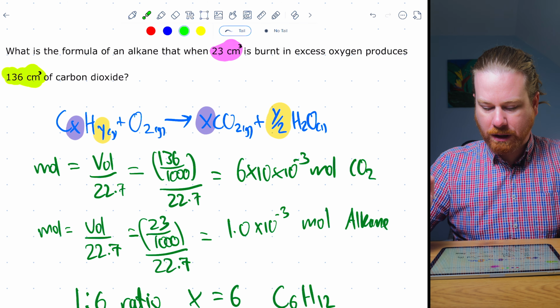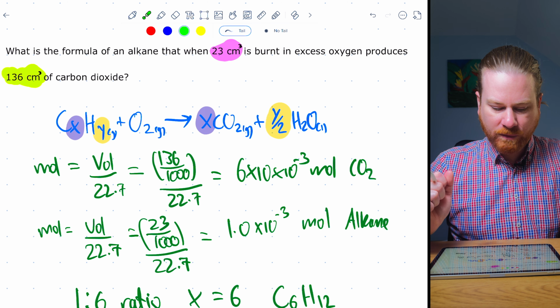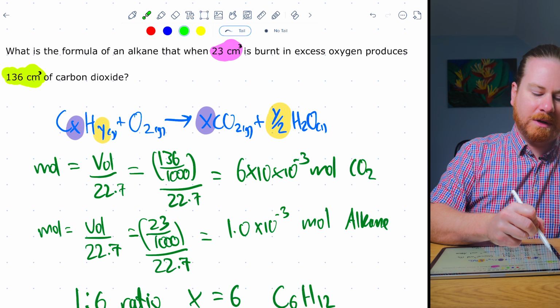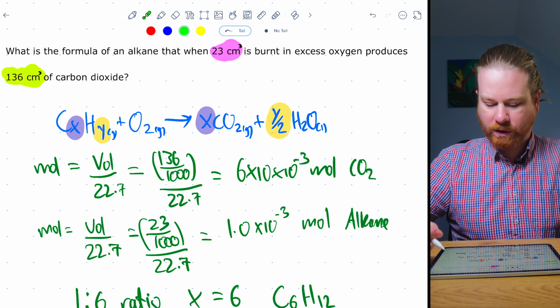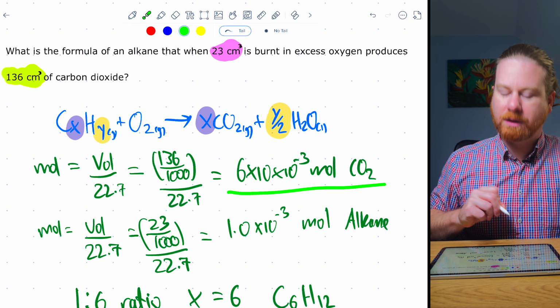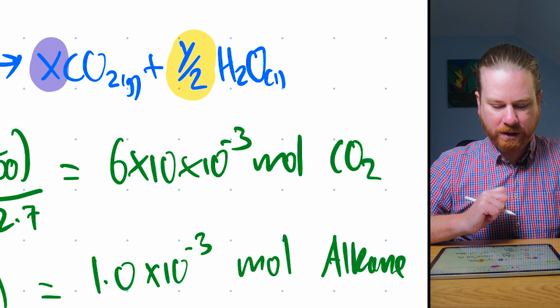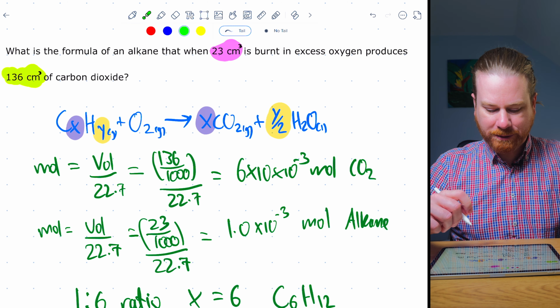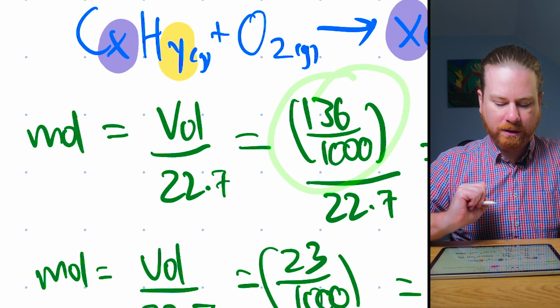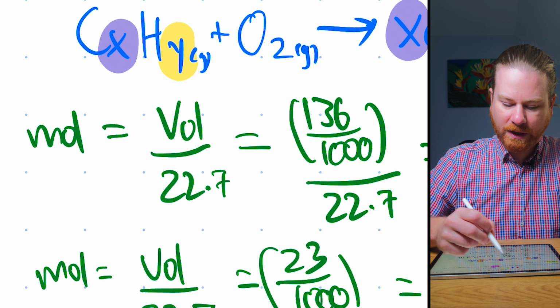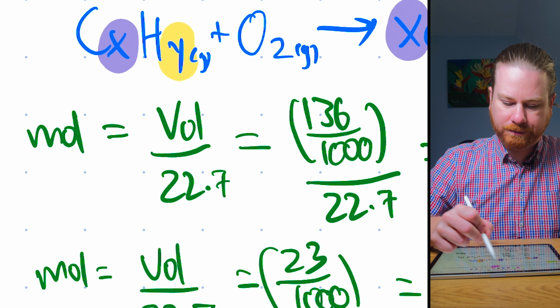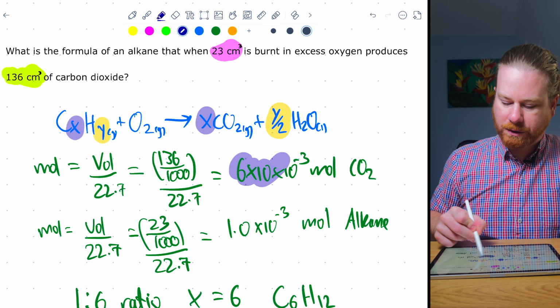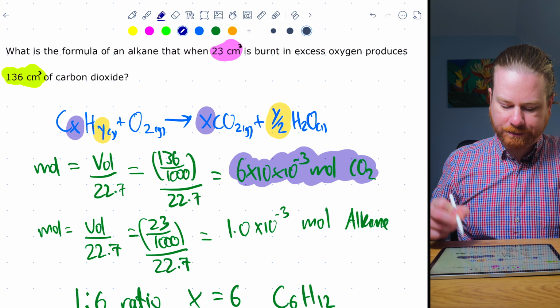Okay, so now back to our specific question. We know how much carbon dioxide we've got, so we can now calculate the moles of carbon dioxide. Moles is volume divided by 22.7, converting the volume to decimeters cubed, and now we have our moles of carbon dioxide.